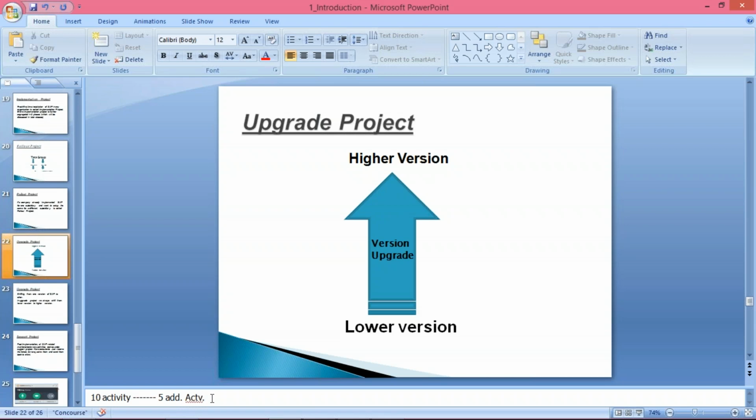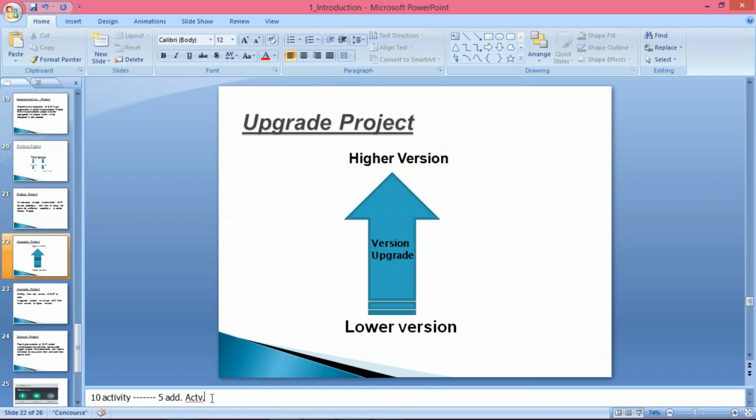It means we have to test a total of 15 different activities. First of all, the 10 activities belonging to the older version we have to deliver, and apart from this, the new five activities in the newer version we also have to deliver. This testing will be performed by you guys only.